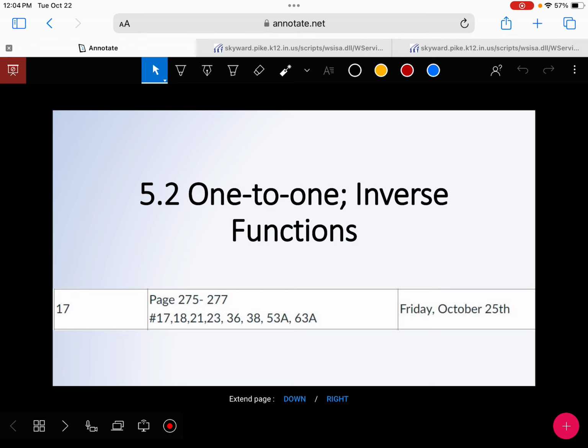So if you're titling your notes, this is the title. And you're actually going to glue that down. I probably should have said that first. The thing that you picked up, after you title it, go ahead and glue it down. Because the first thing we're going to talk about is one-to-one functions.